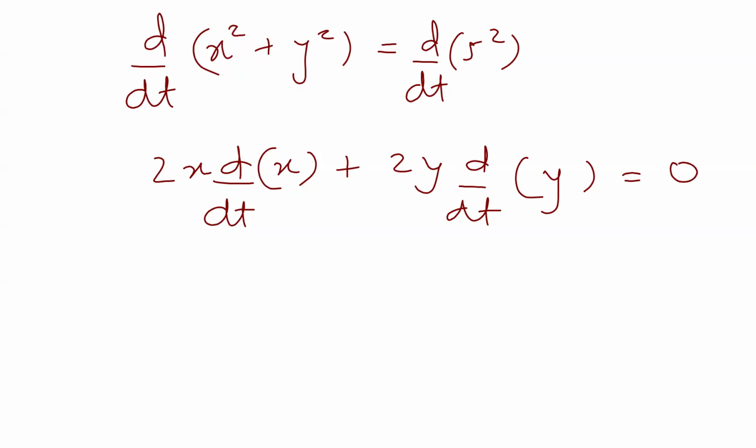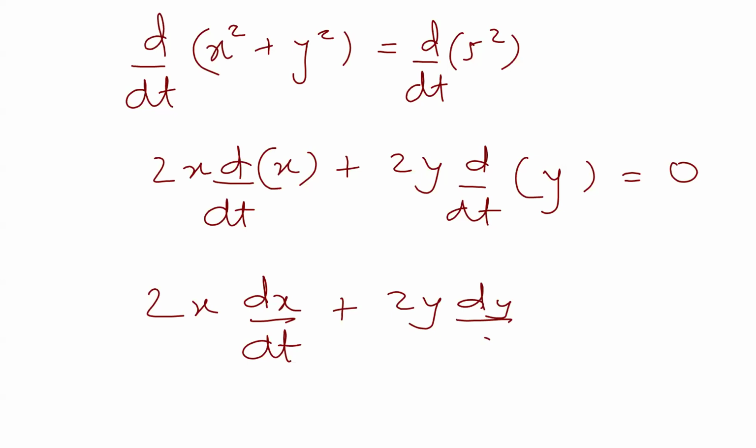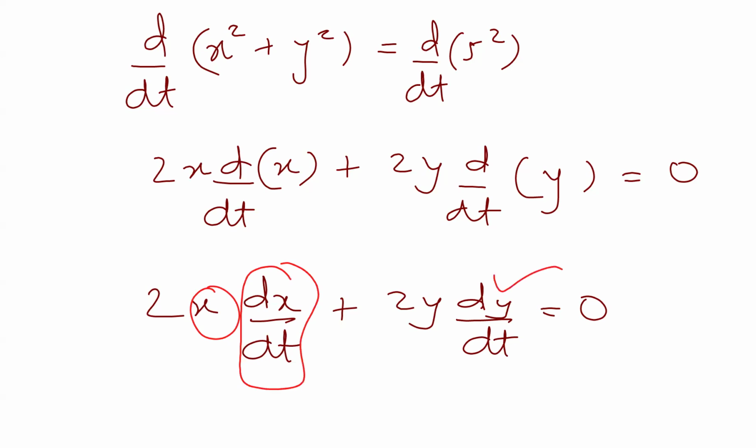So 2x dx by dt plus 2y dy by dt is equal to 0. Now we know these values. We know the value of x, we know the value of dx by dt. The thing that we are supposed to calculate is dy by dt.